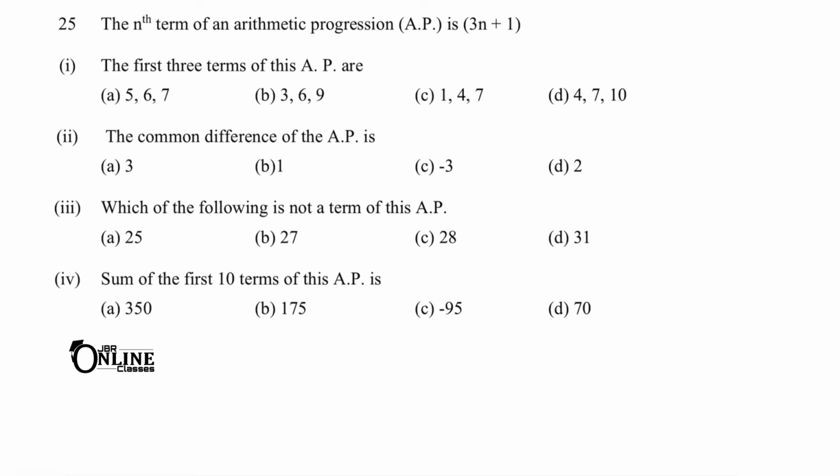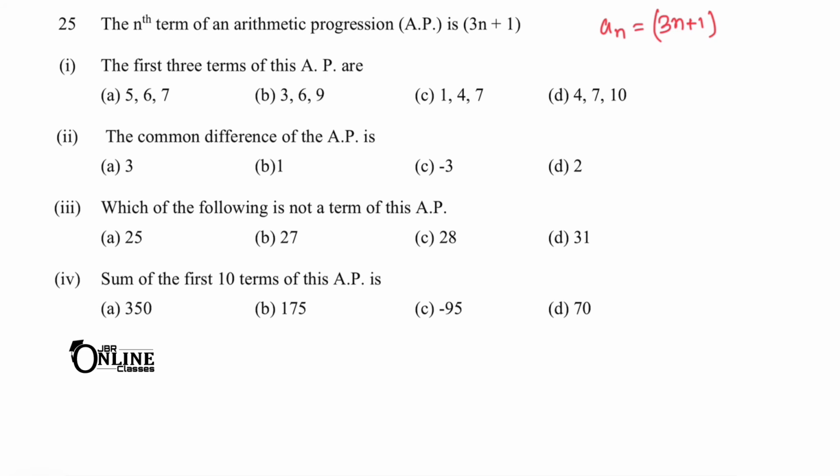So in number 25, the nth term of the arithmetic progression AP is 3n plus 1. So you can write this as an equals 3n plus 1. I hope it's clear. Now next, the first three terms in the AP you have to find out.